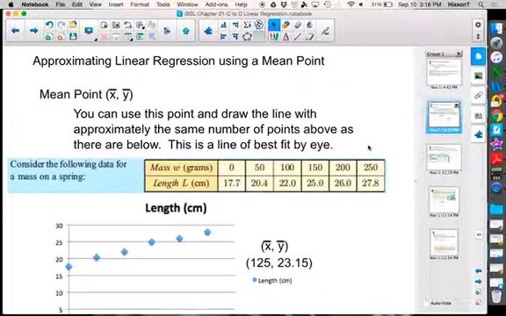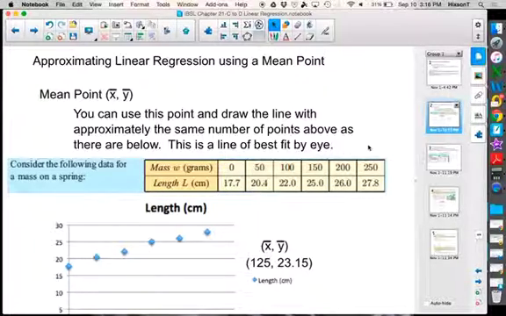Here we have mass hanging on a spring, okay? And if we have 0 grams on the spring, it's 17.7 centimeters long. And then all the way up, we measure how long the spring is being stretched, all the way up to when we have 250 grams, and it's stretched out to 27.8 centimeters long.